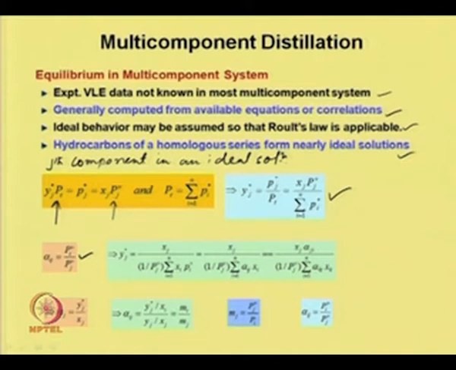We can also write Xj alpha ji divided by 1 by Pjv summation over i equal to 1 to n alpha ki xk. So, once the equilibrium vapor mole fractions are known, the partial pressure and the total pressure can be calculated from these relations.